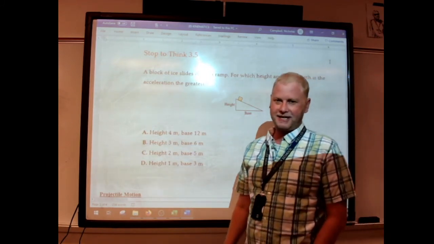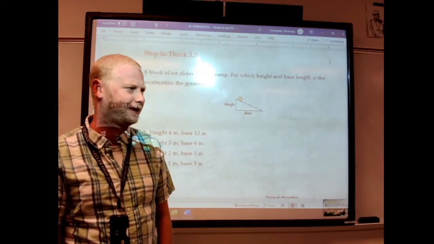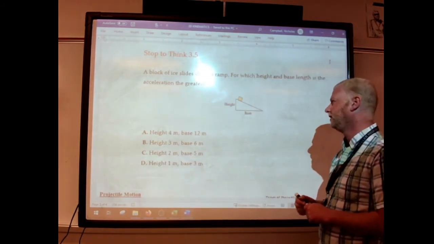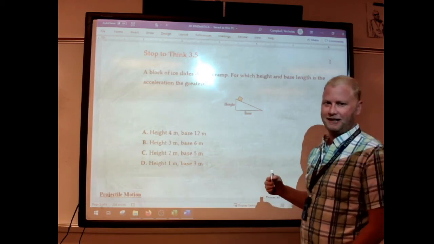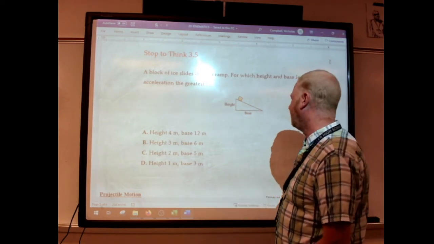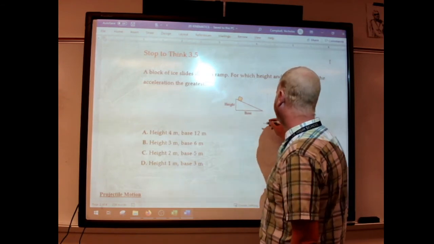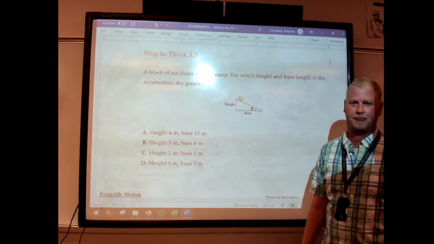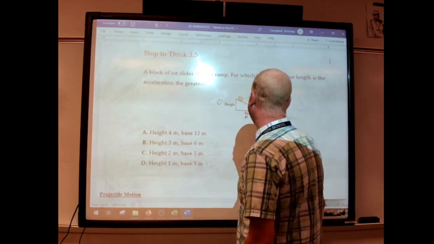Now there are a few different ways to look at this. You can look at it in terms of ratios, but I find it simplest, especially for beginners, to be a little more careful and a little more detailed. We know that the acceleration is going to be based off of that angle theta. We're given an opposite side and an adjacent side.